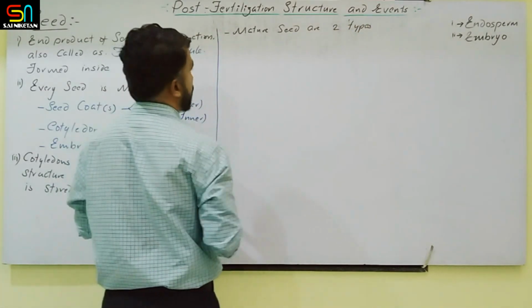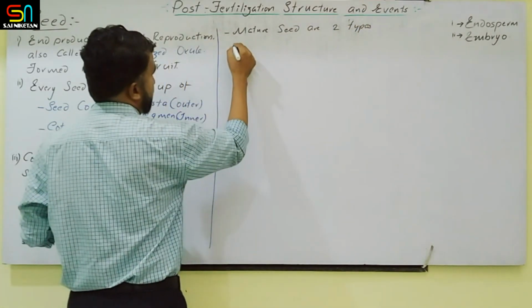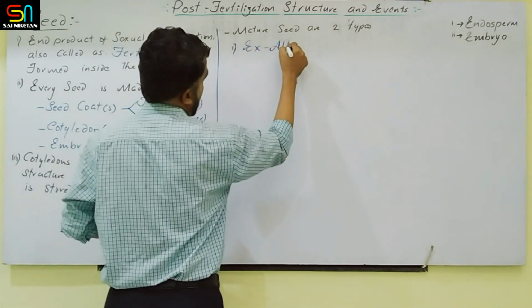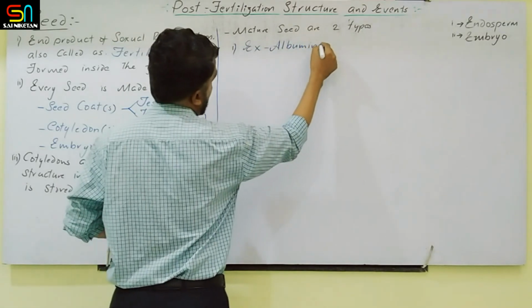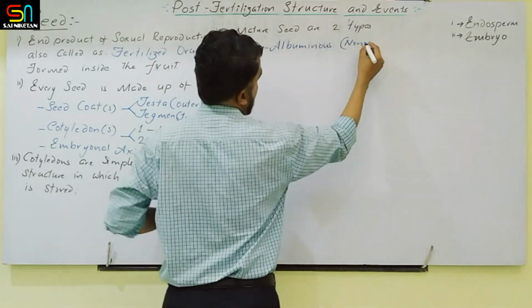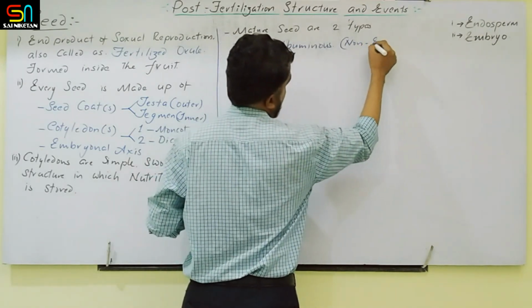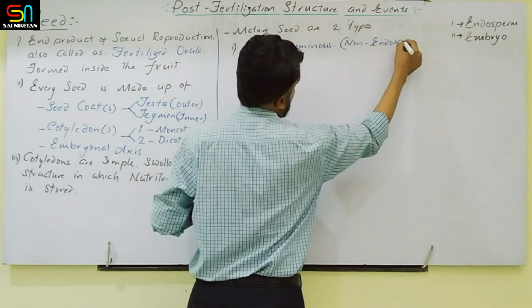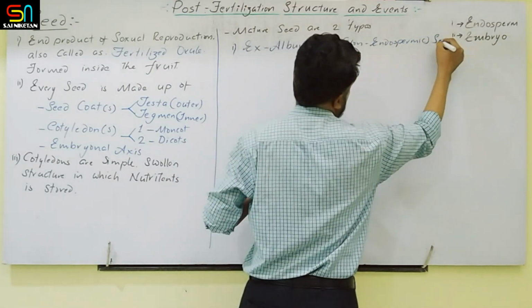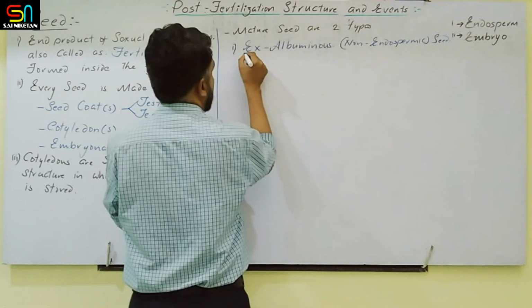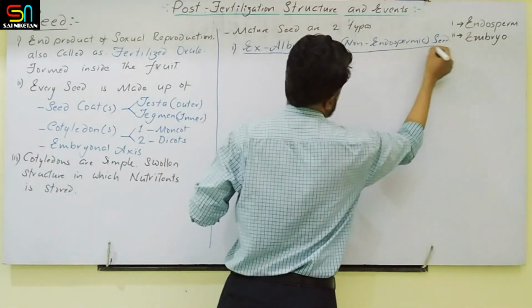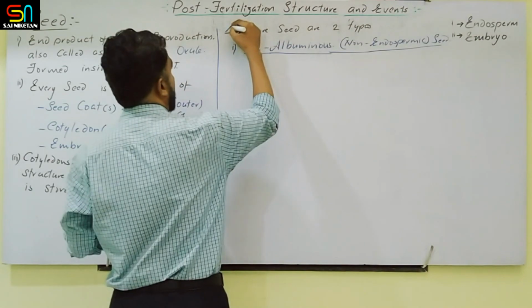First one is the exalbuminous or non-endospermic seed. Try to concentrate on these points. This is an important topic.